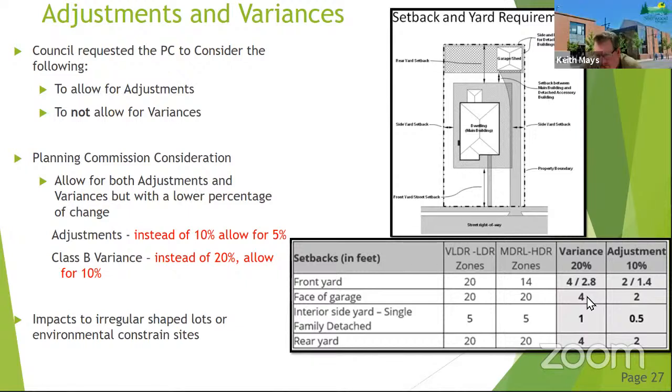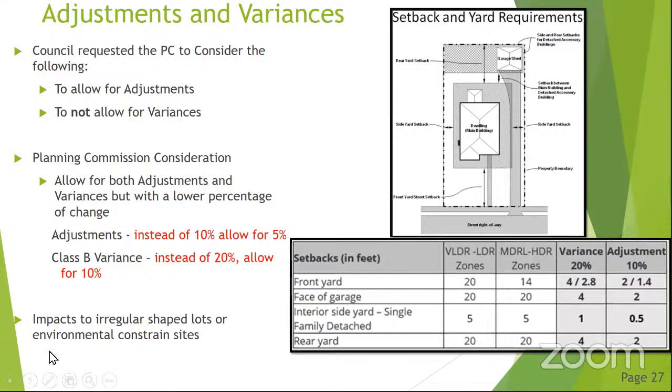Again, I'm good with leaving the flexibility on rear. I think 2 feet's reasonable, maximum 2 feet. I am too. That's fine. Yeah, me too. Okay. And the impacts to irregular shaped lots, I really don't understand how that would be applied. I would just remove it.